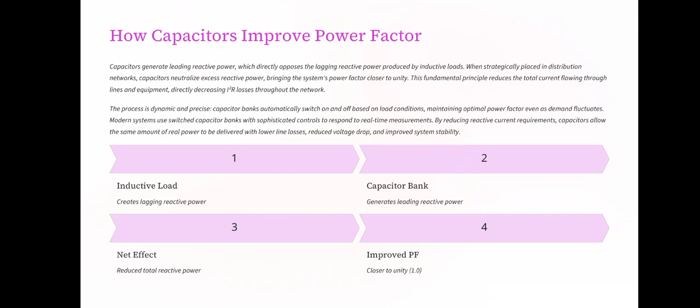By reducing reactive current requirements, capacitors allow the same amount of real power to be delivered with lower line losses, reducing voltage drop and improving system stability. Inductive loads create lagging reactive power. Capacitor banks generate leading reactive power. Net effect: reduced total reactive power and power factor improved closer to unity, 1.0.